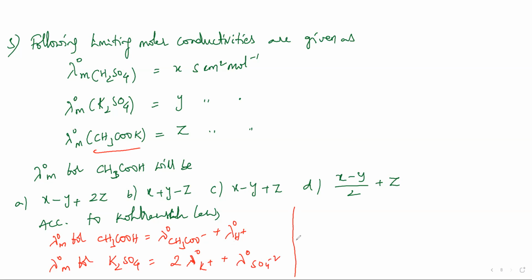Similarly, lambda naught for H2SO4: it dissociates into 2H plus, that means 2 into lambda naught H plus plus lambda naught of SO4 minus 2, isn't it?